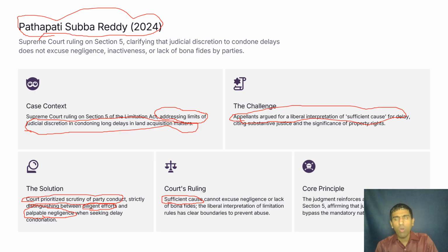The court laid down that even if the appellants argued for liberal interpretation of the sufficient cause specified in the section, it does not mean that you can abuse the provision as and when you want. It has clear boundaries to prevent said abuse. So this judgment had affirmed the core principle of section 5, while at the same time laying down clear boundaries regarding delay condonation to ensure prevention of abuse of said section.